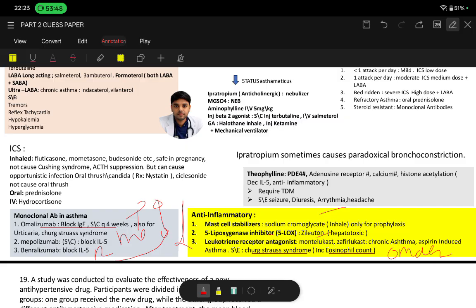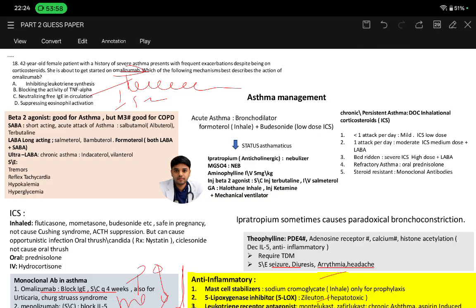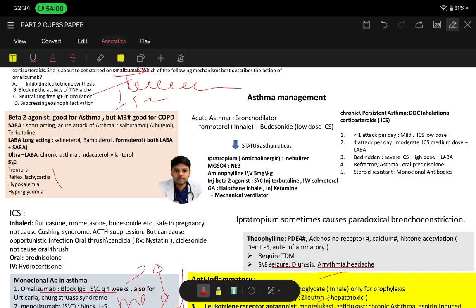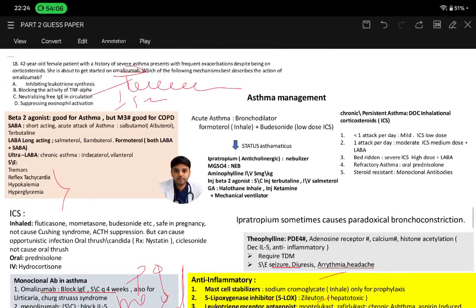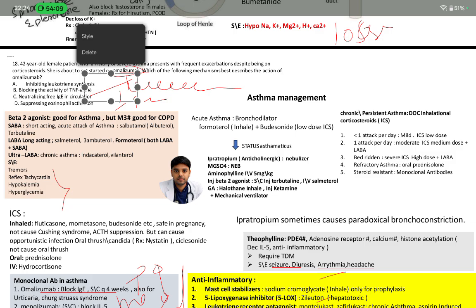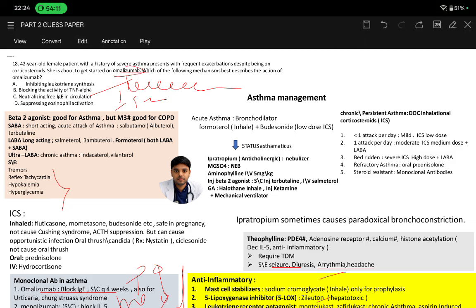Next one, theophylline. You have to remember it is a PDE4 inhibitor. Side effects include seizures, arrhythmia, headaches. This is the important one. And coming to here, the side effects are very important for the beta 2 agonist. Got it? If you want to know in depth, you have to watch this also on my YouTube channel.